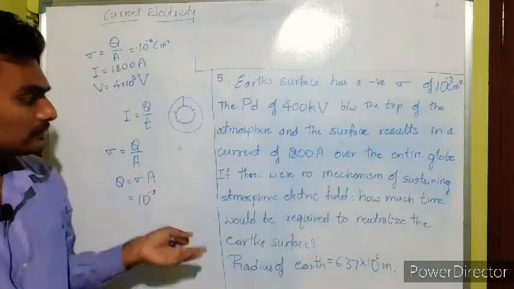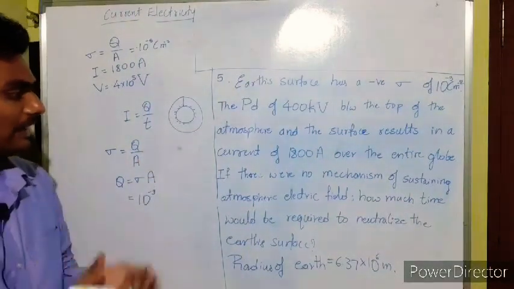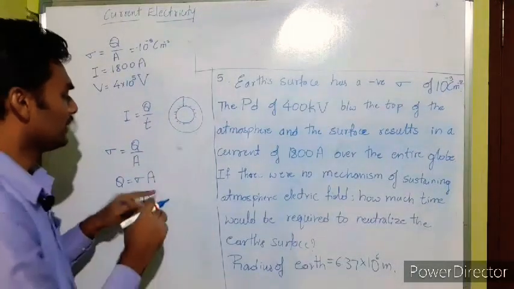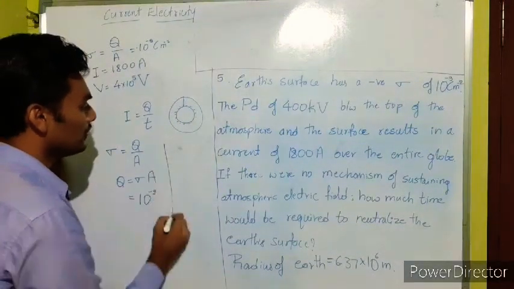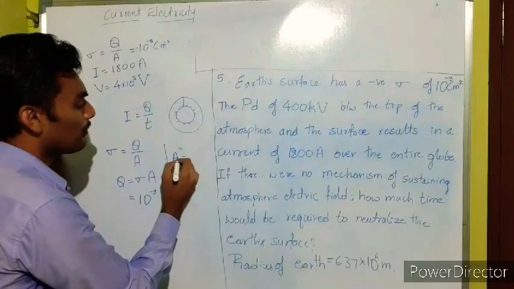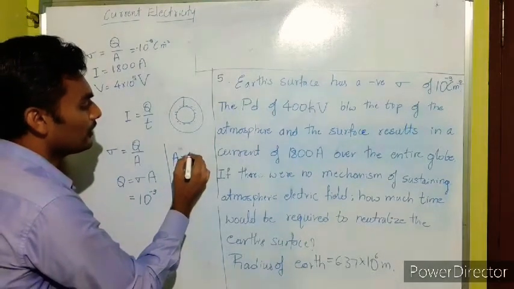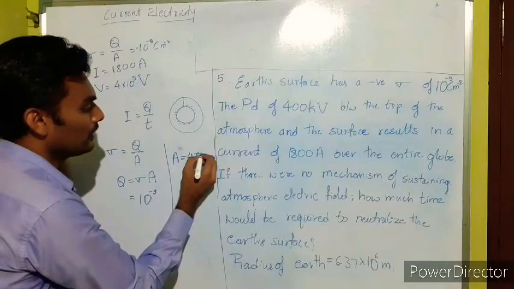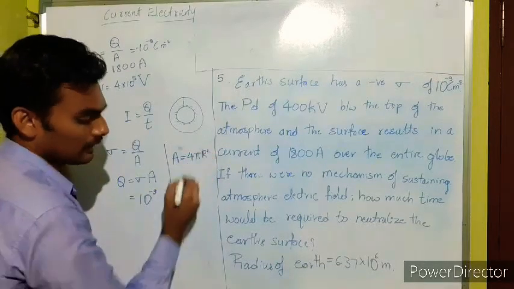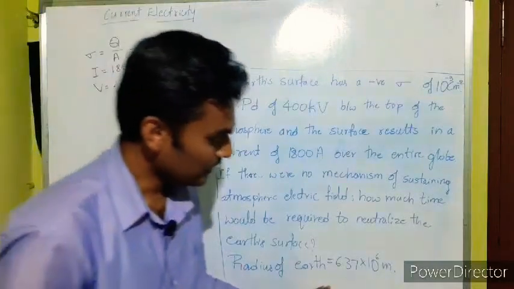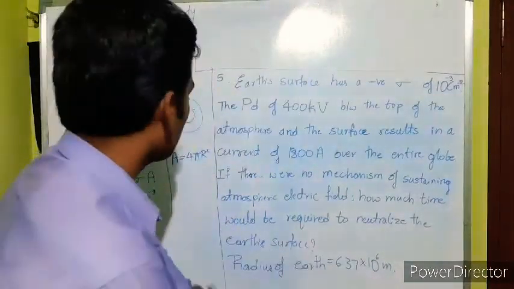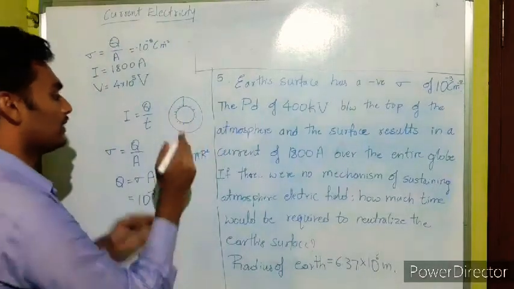Considering the earth to be spherical in shape, the surface area A becomes equal to 4 pi r squared, right? And the radius of the earth is given, 6.37 into 10 to the power of 6 meter.